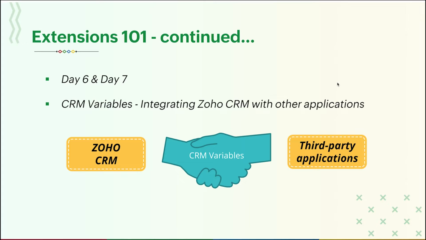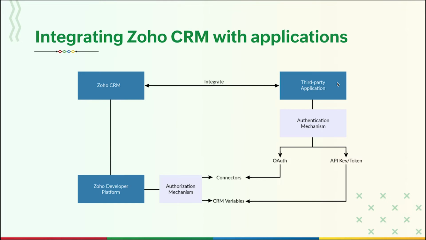So before we enter into today's session on CRM variables, let's have a quick overview on the concept of integrating Zoho CRM with other applications and the methods that are available to do so, so that we get a better picture while we discuss CRM variables later. In order to integrate Zoho CRM with another application, a secure connection has to be established between the applications for seamless data transfer.